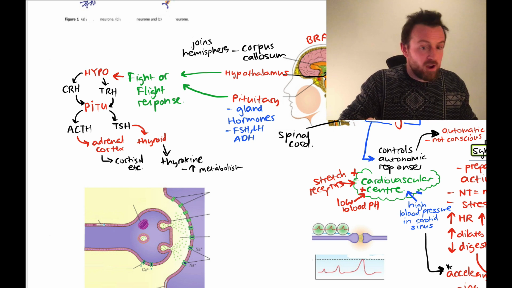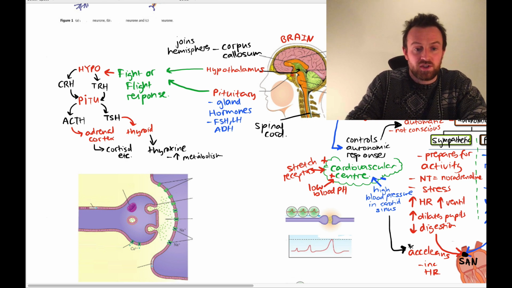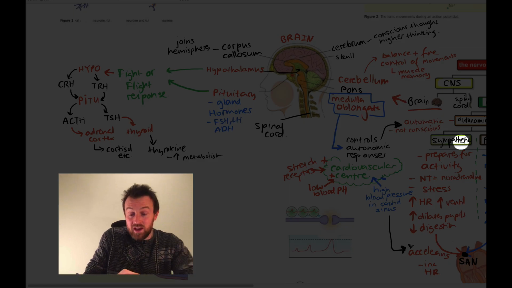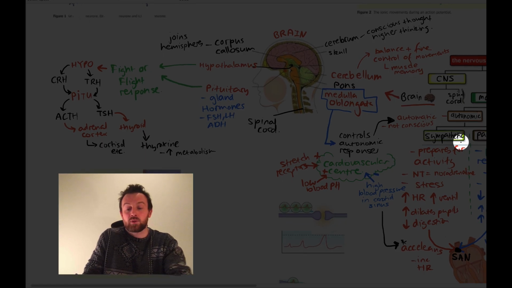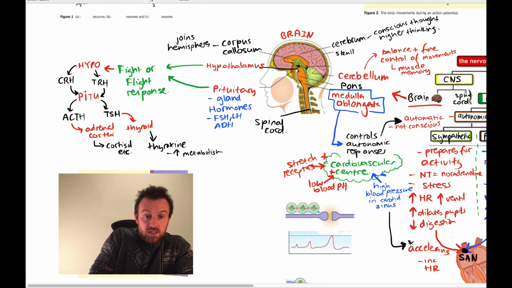But the other part of the fight or flight response is that the hypothalamus can also activate the sympathetic nervous system, all this thing over here, which then can trigger the release of adrenaline. So let's do that sort of over here. I mean, let's do that in a different color.